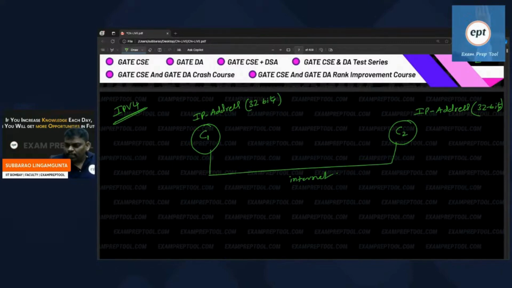Some people are asking, 32 bits, how to represent? Can you see everyone? 32 bits, how to represent? 8 bits dot 8 bits dot 8 bits dot 8 bits.